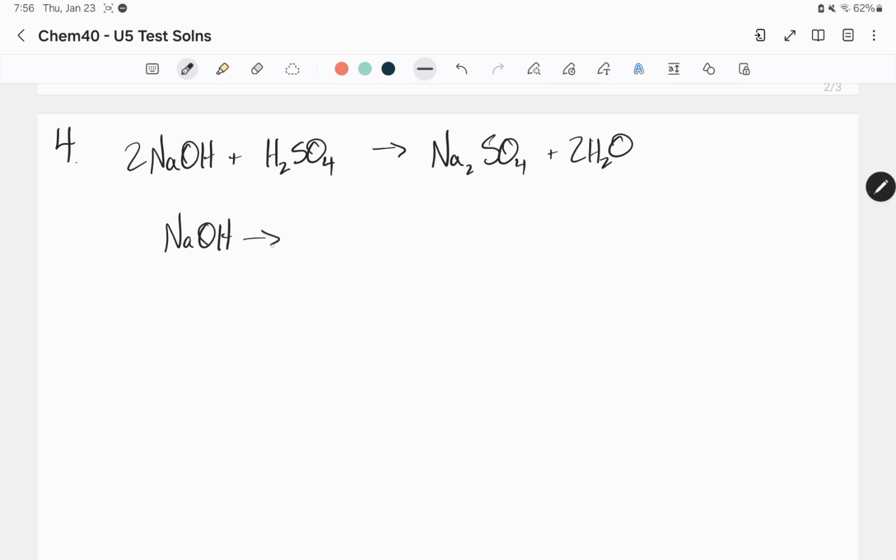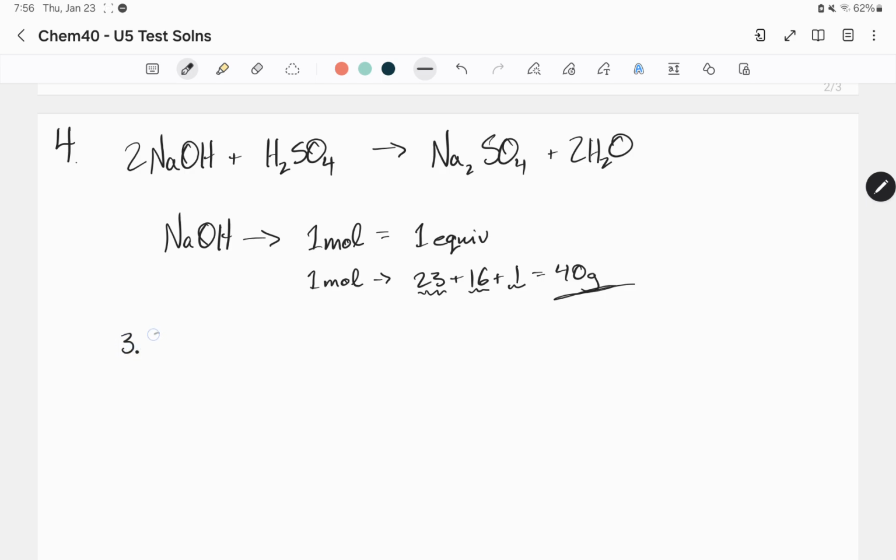A couple things to write down first: 1 mole is 1 equivalent. 1 mole is also 23 plus 16 plus 1 to equal 40 grams, right? So this is the sodium, this is the oxygen, this is the hydrogen. This is the molar mass of sodium hydroxide.